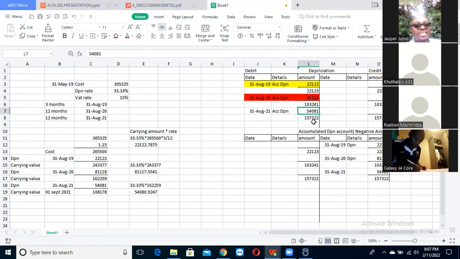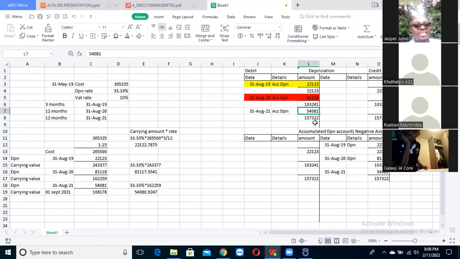The charge for the following year was 54,081 rand. So there was a reduction in the depreciation from that which we had in the previous period. As the years go by, our depreciation charge becomes less and less. That is why it is called the reducing balance method.